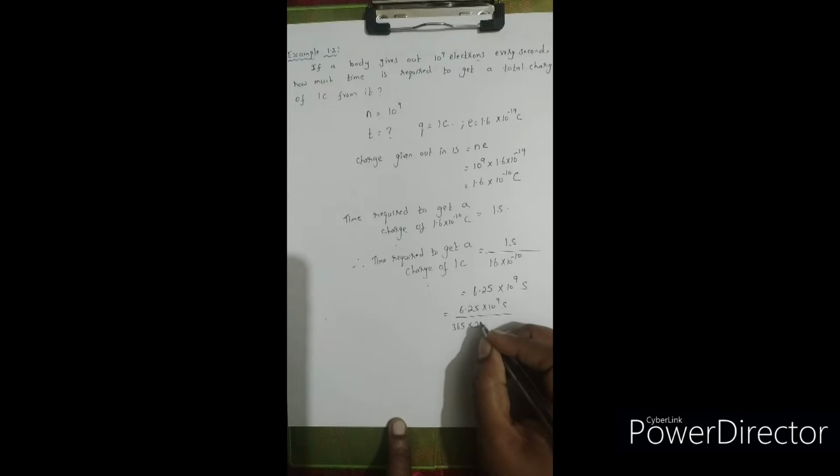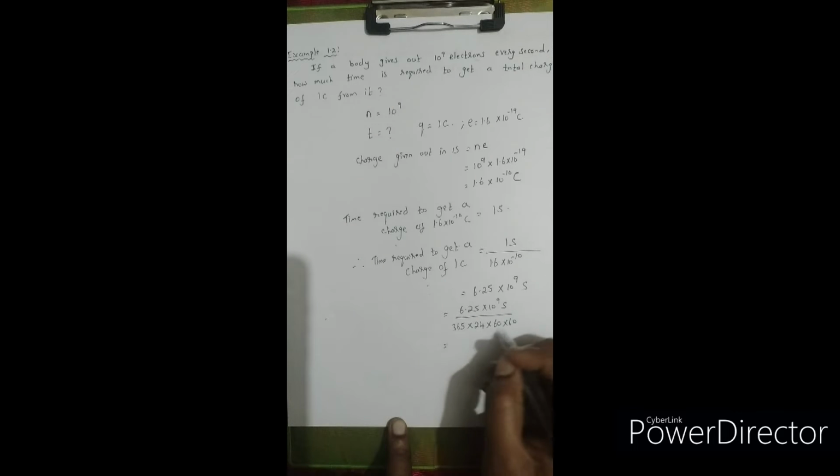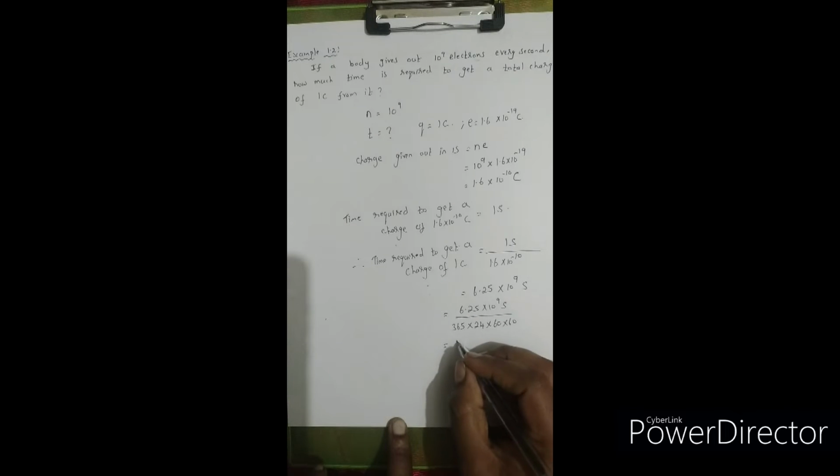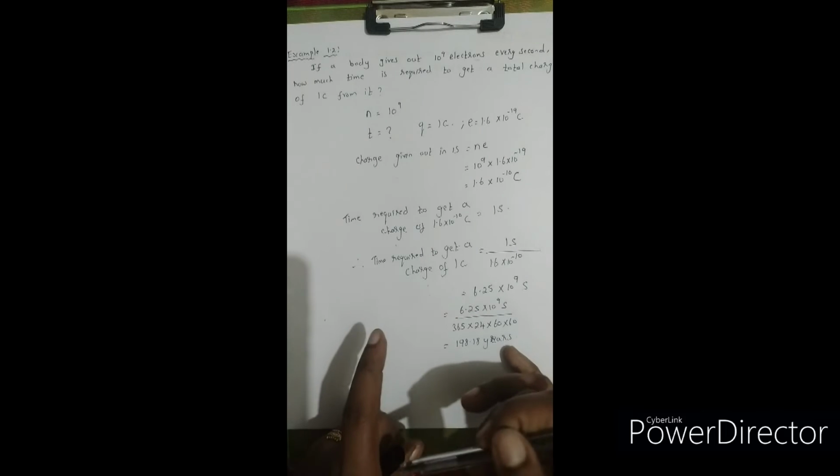Each day has 24 hours. In that 24 hours you have 60 minutes and 60 seconds. Calculate all these values, children. When you calculate it, it works out to be 198.18 years.